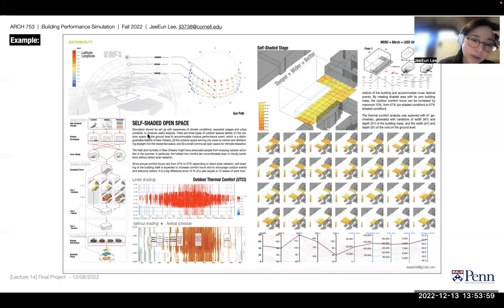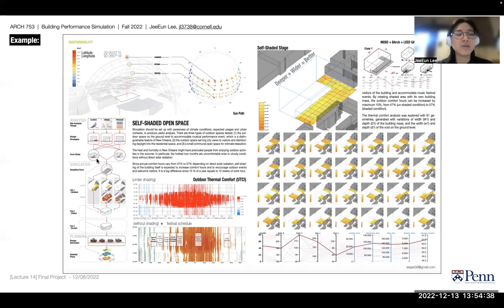If you look at this diagram, here I analyzed the climate, the programs, and the urban context first. And then we came up with some design strategies. Even before we ran any simulation, we did a little bit of form study, because what we learned from the building performance simulation course is that designing space based on building simulation can be very boring.